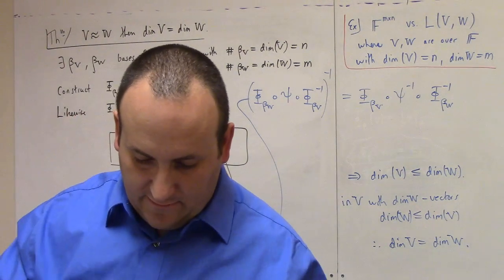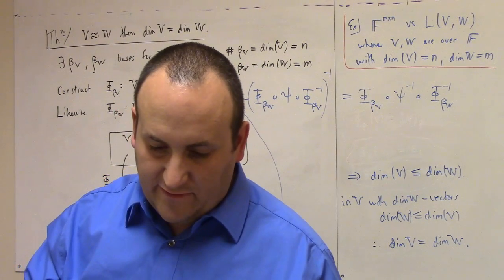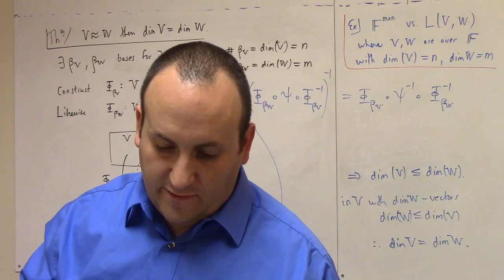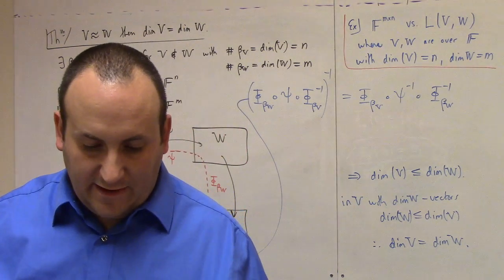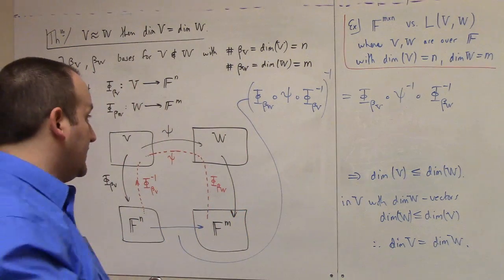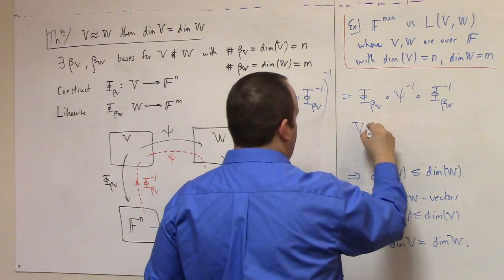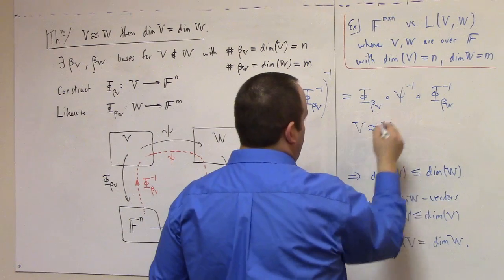All right, so finite dimensional vector spaces, if they're isomorphic, have the same dimension. I will spare you, but proposition 4.3.6, I proved that isomorphism is an equivalence relation. In other words, V is isomorphic to itself.